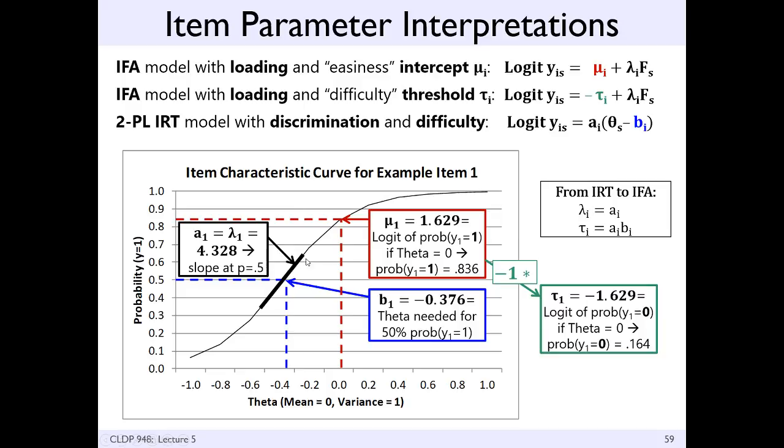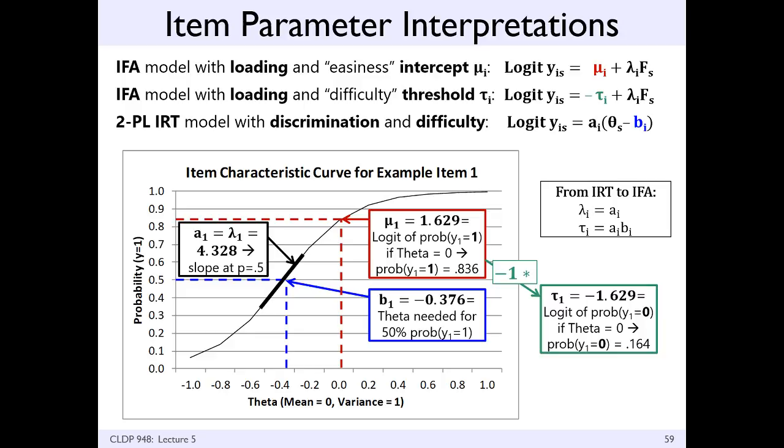So in this case, the predicted logit at theta 0 works out to be 1.63. So if I have an intercept of 1.6, that doesn't really tell me directly how hard that item is, because that tells me what the predicted logit is for somebody with average ability.